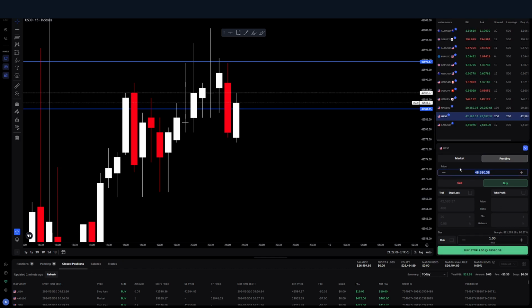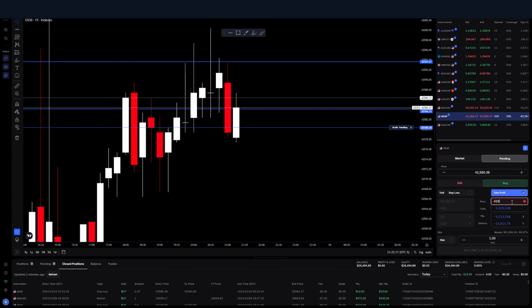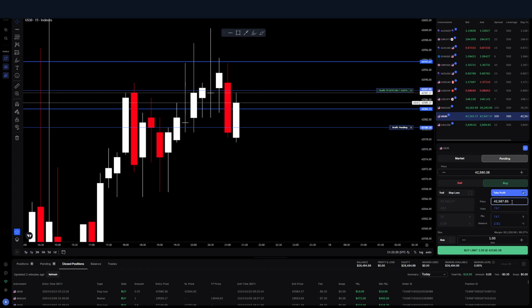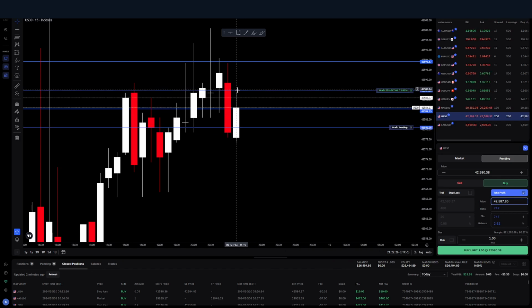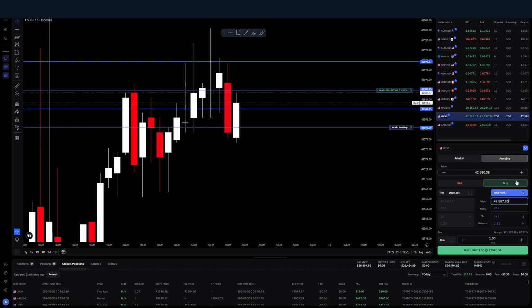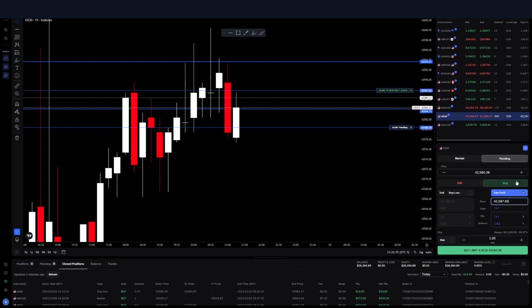Take profit would have been 42584.85. So like I said, I could have made $700. You could see if I jumped in where my pending was and took profit up here, I would have made $750. But nonetheless, it all boils down to position size. I could have made $700 in like 12 minutes, and that's the power of trading, guys.